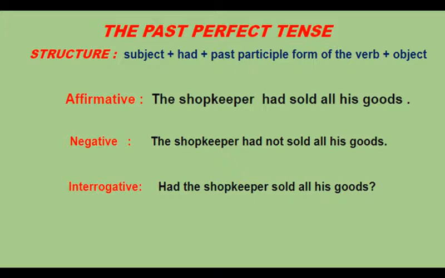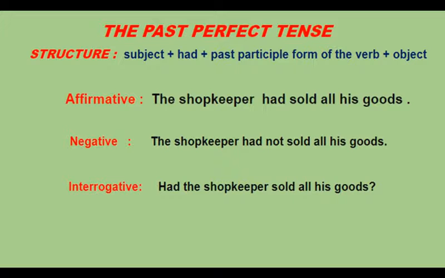And the negative can be like this: The shopkeeper had not sold all his goods. Then the interrogative sentence can be like this: Had the shopkeeper sold all his goods? Question mark.